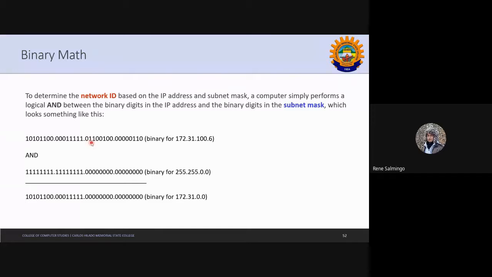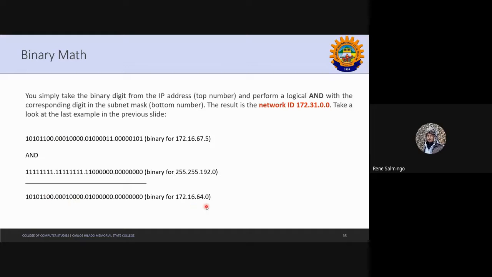Since all of these are 0, we expect this would also be 0. But this one and 1, so 1, this is correct. And it's the same as this one. So the resulting network ID would be 172.16.64.0. So that's how we perform binary math in the IP address.